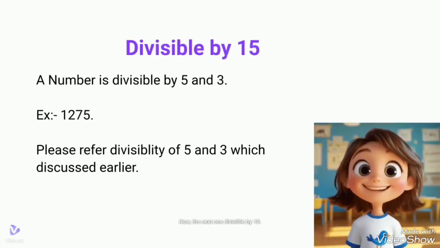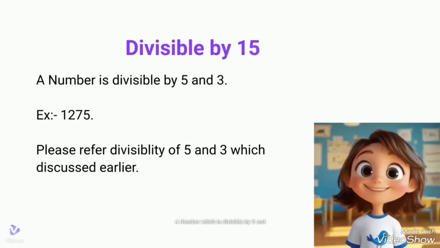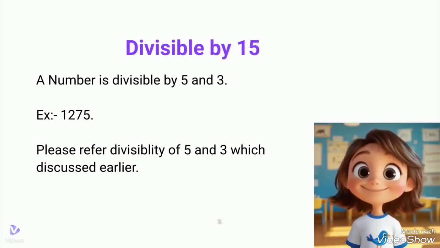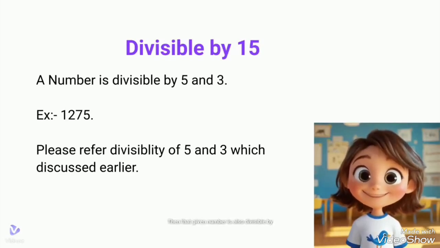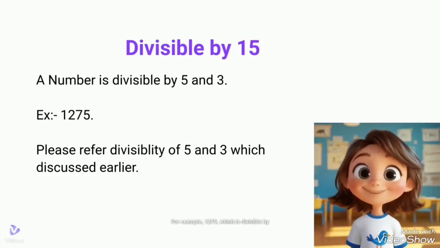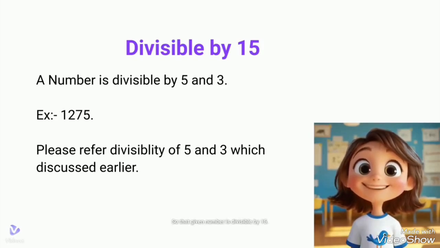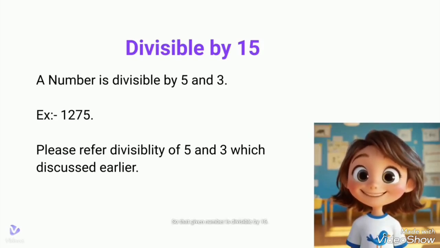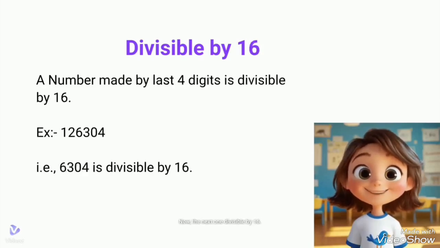Now, the next one is divisible by 15. If a number is divisible by 5 and 3, then that given number is also divisible by 15. For example, 1275, which is divisible by 5 and 3. So that given number is divisible by 15. Now, the next one is divisible by 16.